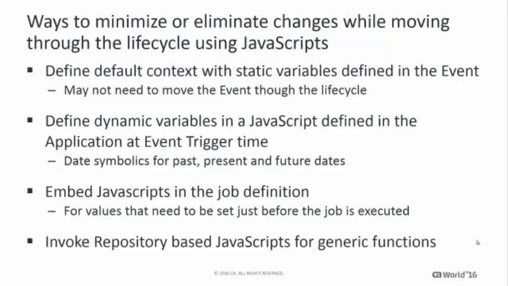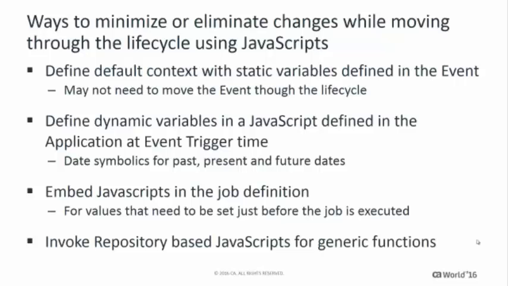Then you can define the dynamic variables in a JavaScript defined in the application or at event trigger time. That way you could have date symbolics for past, present, and future dates. You could embed JavaScripts in the job definition for values that need to be set just before the job is executed.